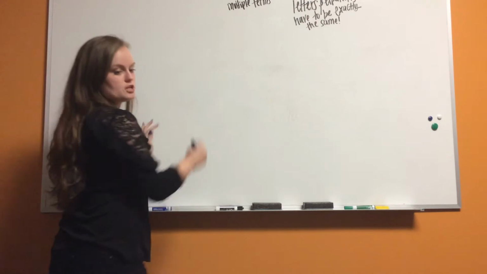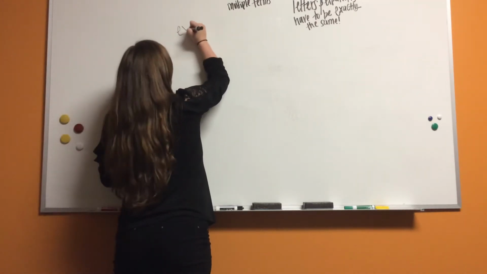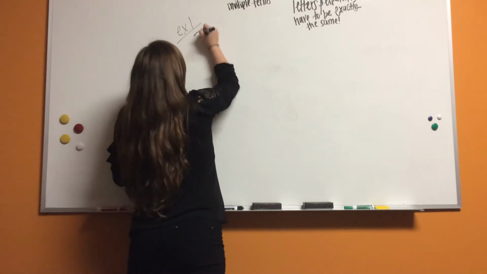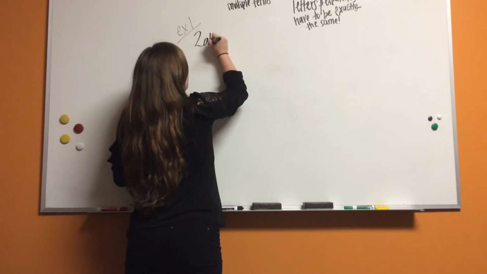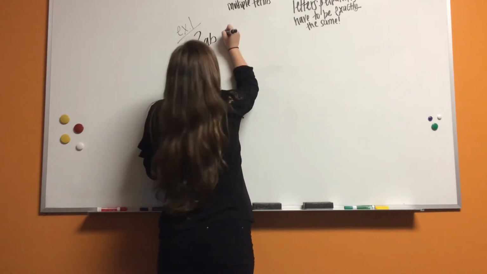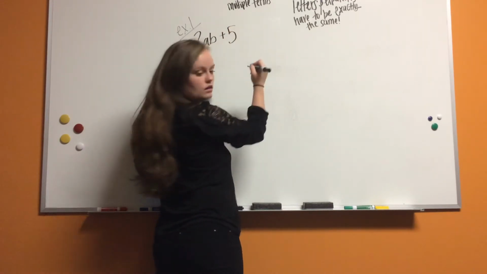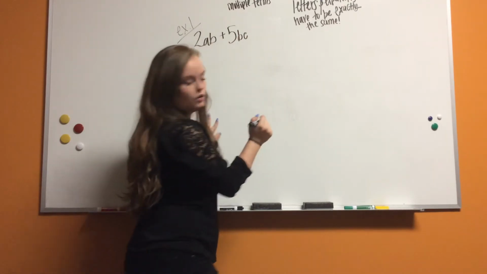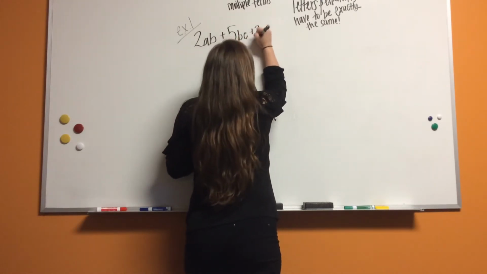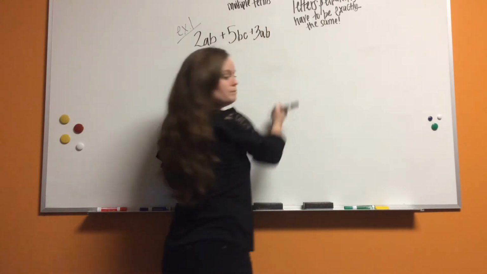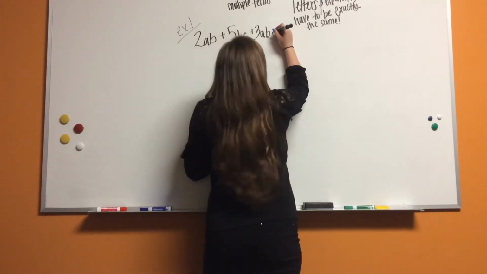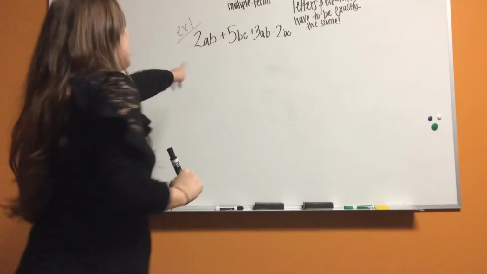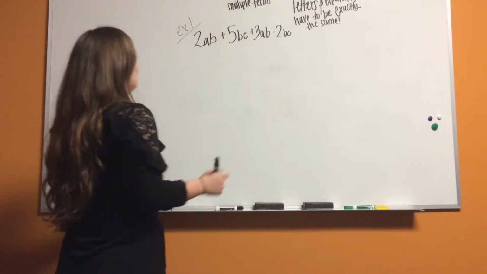Whole new subject here. So, first example, 2ab plus 5bc plus 3ab minus 2bc. Okay, so how would we simplify this one?